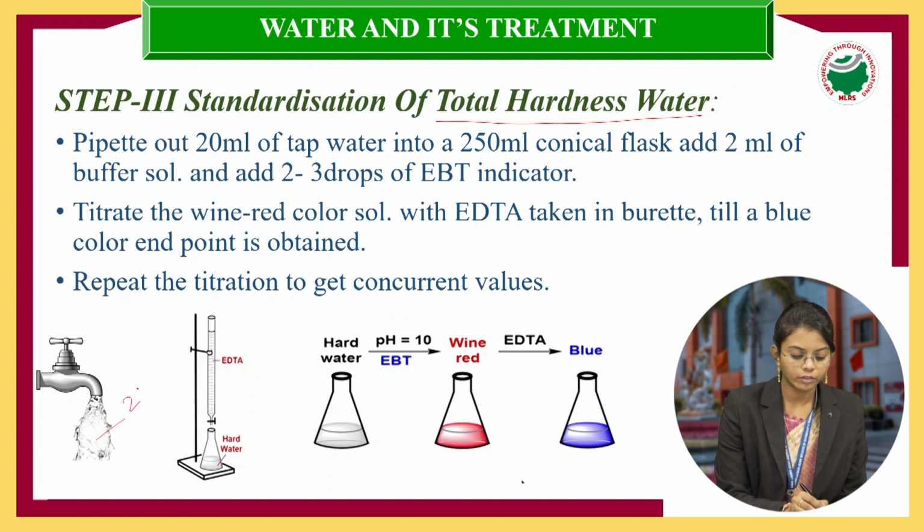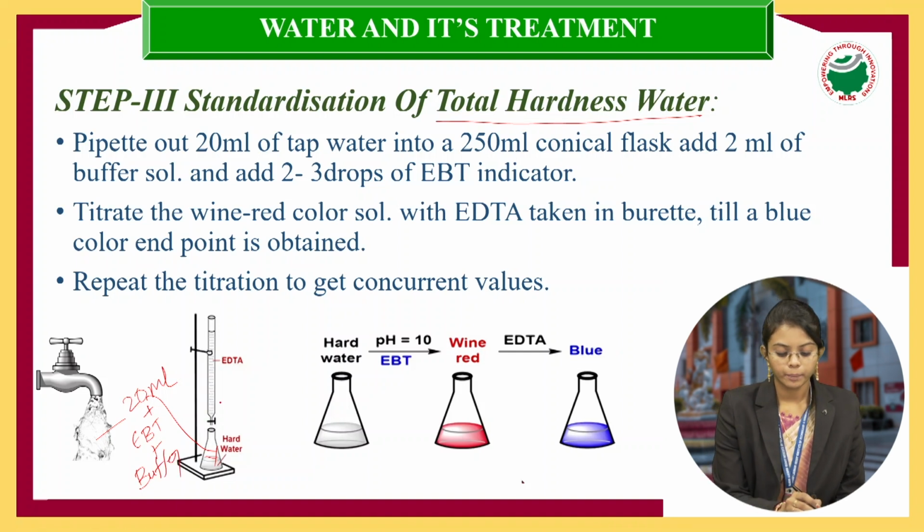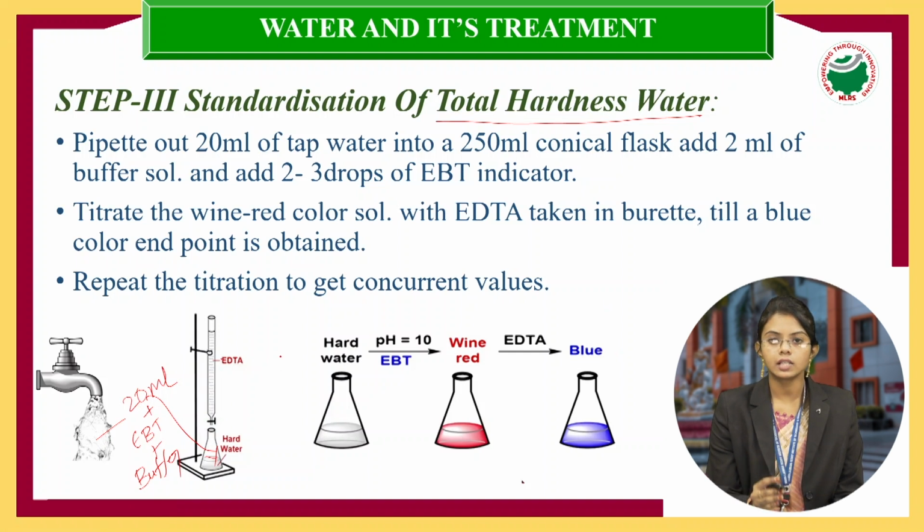From tap water we take 20 ml into the conical flask. Again we add the indicator, EBT, and buffer solution, buffer for pH 10. Now when you titrate with the EDTA, again you can see the wine red color turns to a blue color, that is your end point.